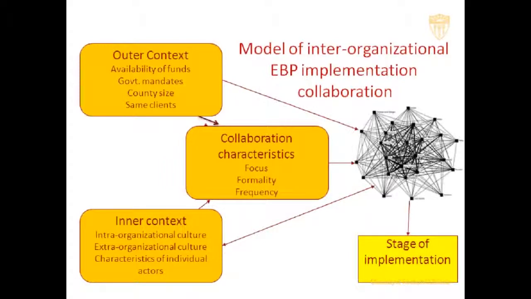There's also an inner context that relates to the level of shared understandings that exist within an organization, but also between organizations. In other words, what their expectations are, what their priorities are, what their understandings are as to how best to meet the needs of their clients.